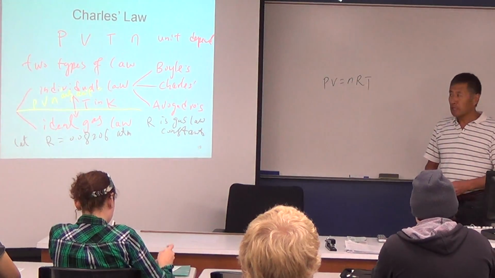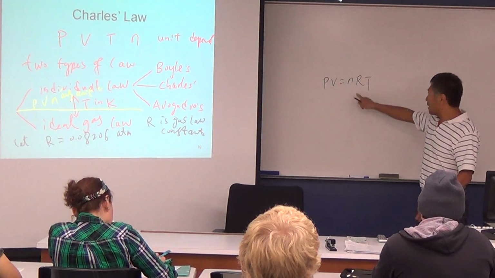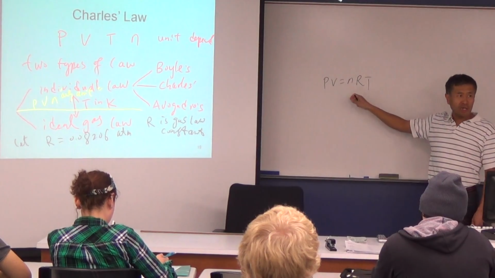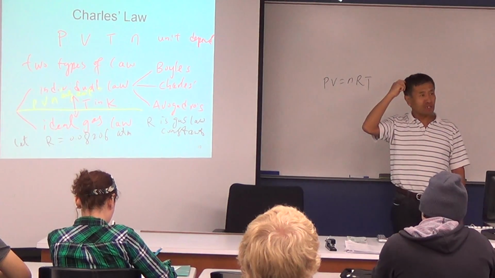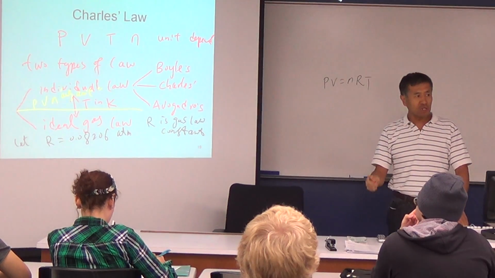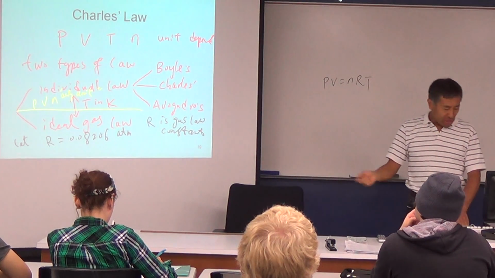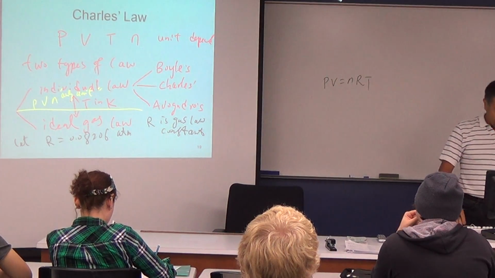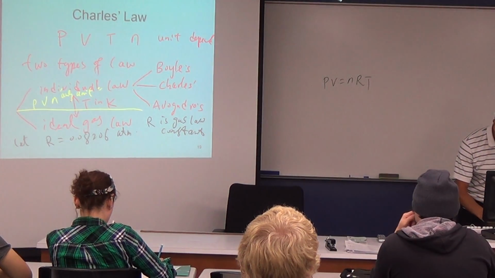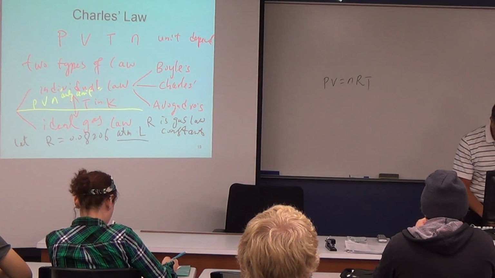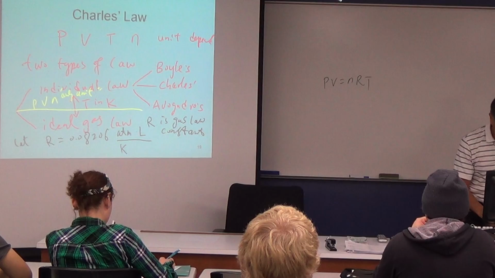R is the gas law constant, and you have to memorize the number, usually 0.08206. If you use that, your pressure should be ATM, your volume should be liters, and your temperature still in kelvins.